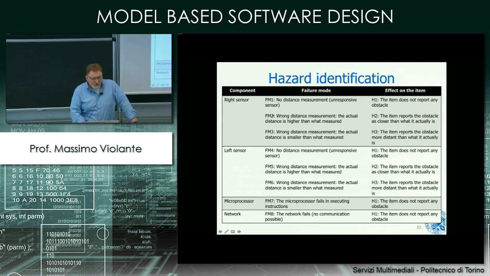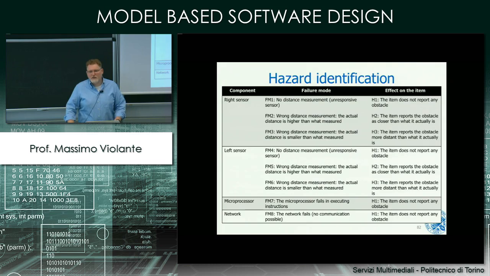For the second failure mode, the situation is the following. The item reports that there is an obstacle there, and the item says that the obstacle is closer than what it actually is. We have wrong measurements.